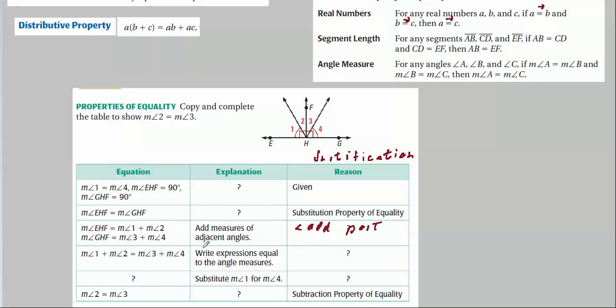Over here we wrote the expressions equal to the angle measures. This is 90 degrees, so here we could have done the same thing, possibly using the transitive property, pardon me, instead of the substitution property.